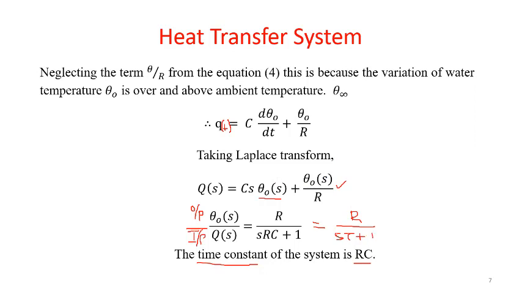This is written as S tau plus 1, where tau is the time constant. So here we can see, to have the ratio of theta out by theta naught divided by Qs, the elements which have to be changed are the resistance value or the capacitor value.